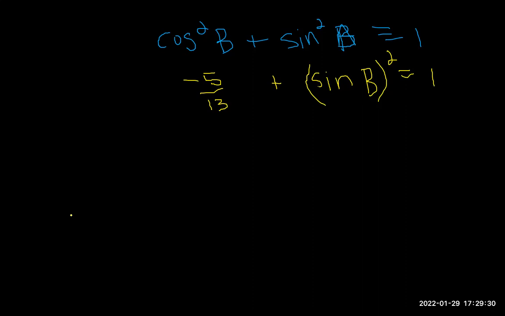Miss, can you repeat the question, please? Find the value of sine B. And then let me know what you get. Oh, I have 12 over 13. 12 over 13. And I believe it's positive, because angle B is in the first quadrant where sine is positive.